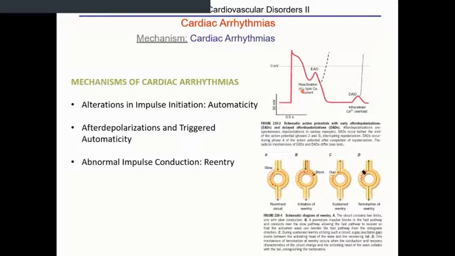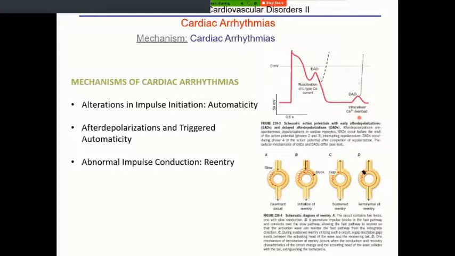So the two categories of afterdepolarizations are early, so this is the early afterdepolarization, and then delayed afterdepolarizations. And the biochemical process involved here is that for early afterdepolarization, you have the reactivation of your L-type calcium current. And for delayed afterdepolarization, you have intracellular calcium overload.